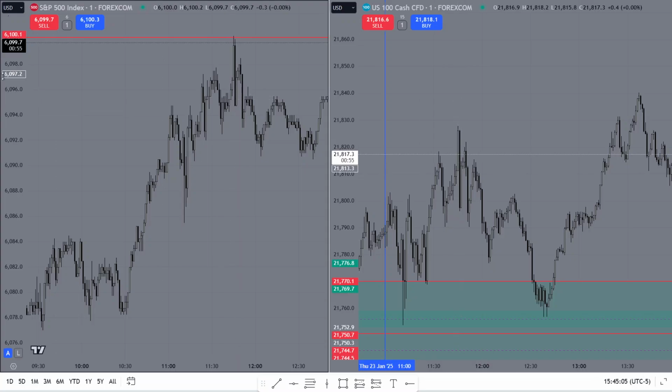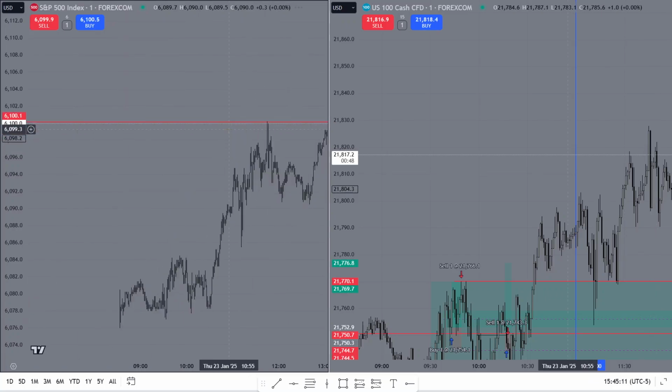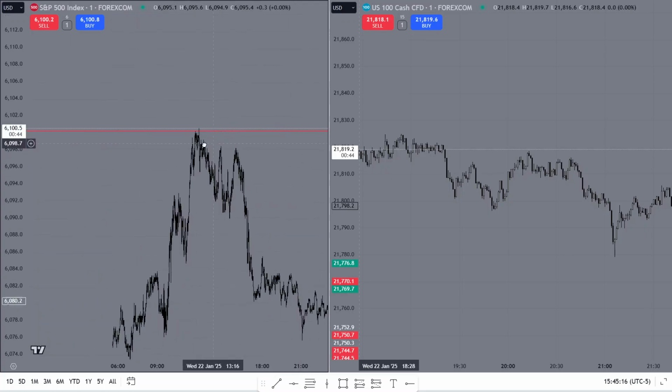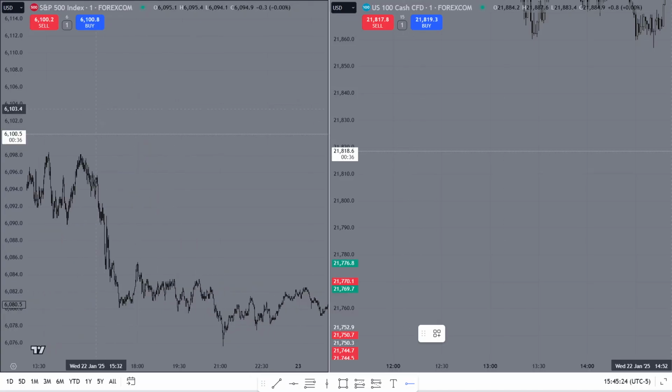Right there. So ES, right there. That's the 11:46 mark. And guess what? That was the drawn liquidity. Let me just fix this line and zoom in a little bit.